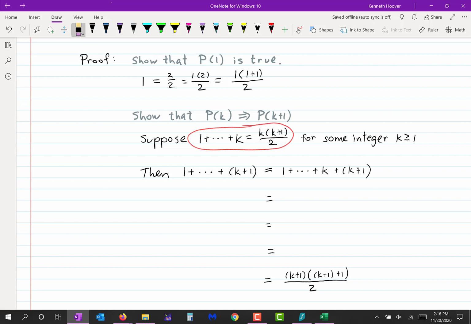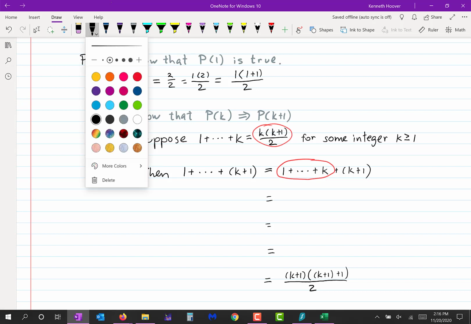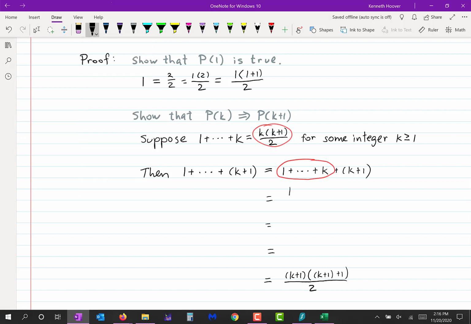And then this part I can replace with this. So that would equal k times k plus 1 over 2 plus k plus 1.